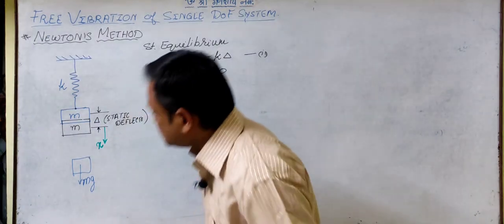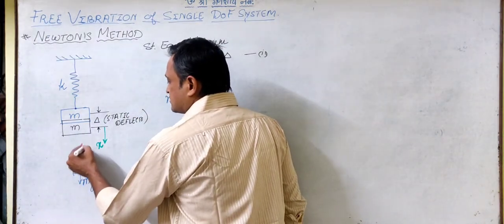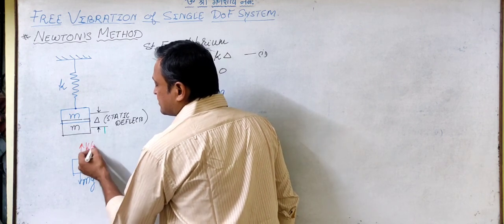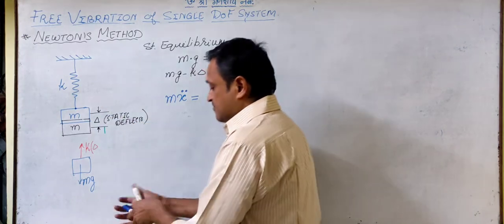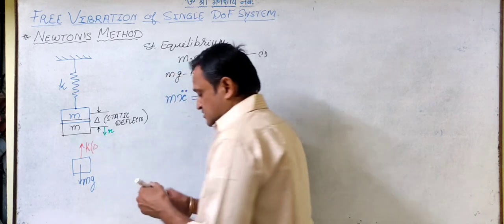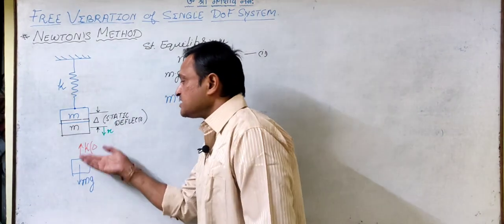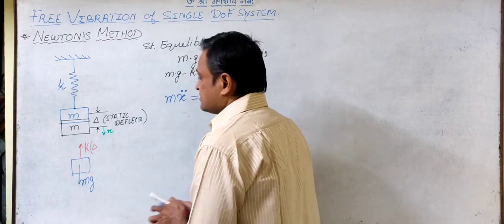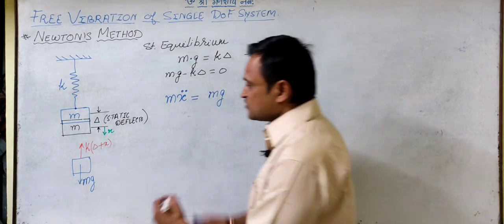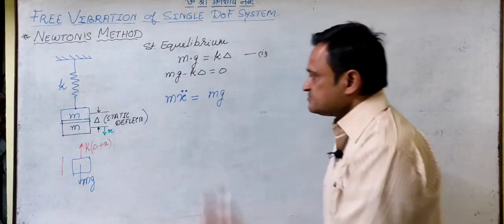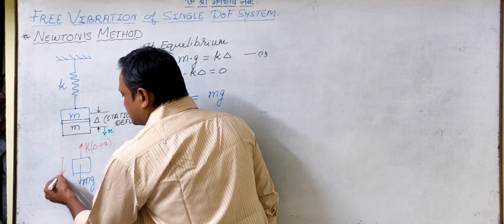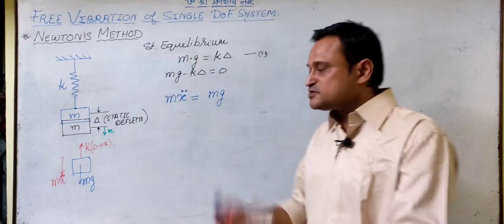Then the restoring force, K into delta. Now when this is happening, x is in this direction, so K already had delta and displacement x, so K into delta plus x is the force by which it is moving.